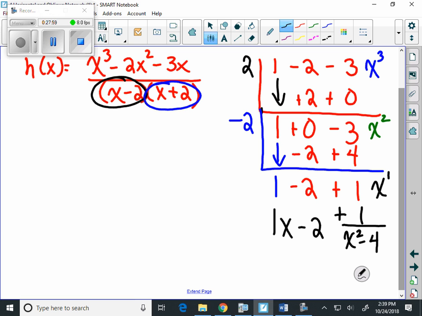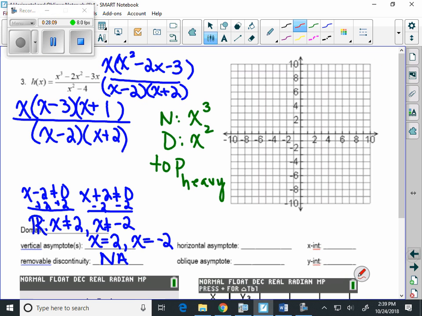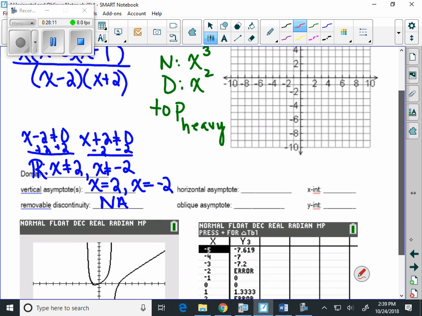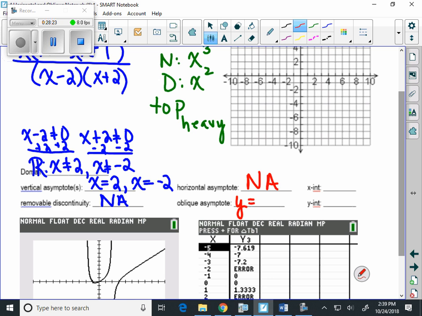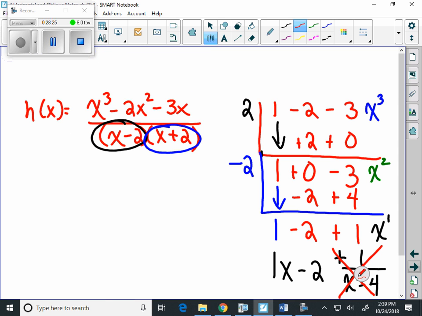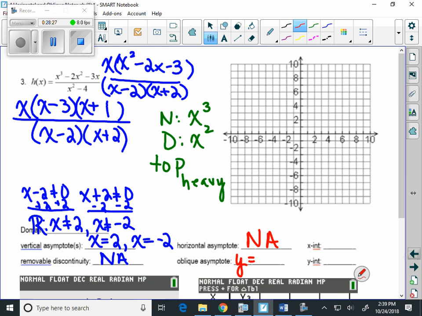But it doesn't matter, because what matters is the 1x minus 2. That's what's going to go back in over here for our oblique asymptote. We don't have a horizontal because we had a top-heavy function. We just used synthetic division, and we came up again with y equals x minus 2.